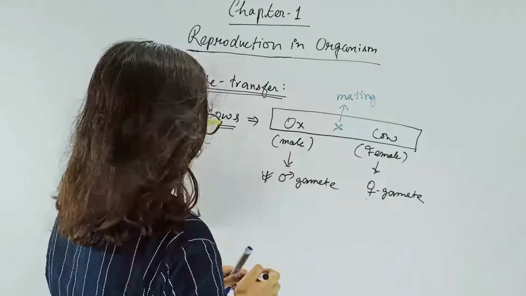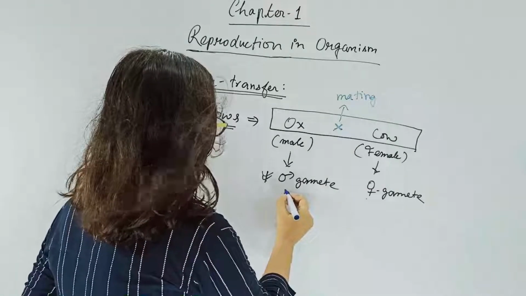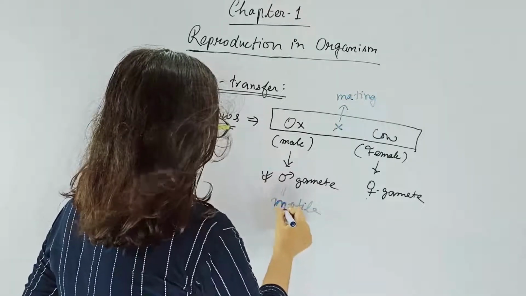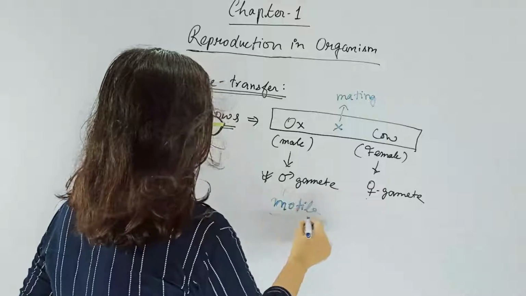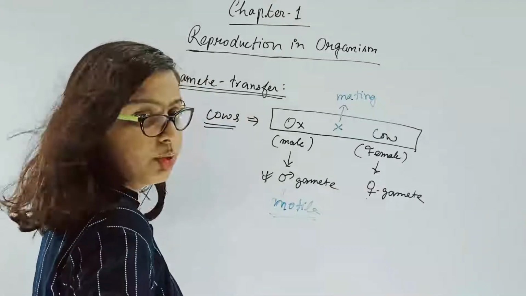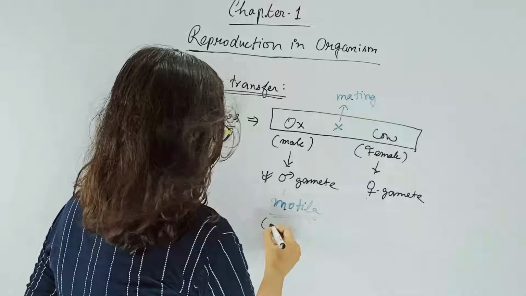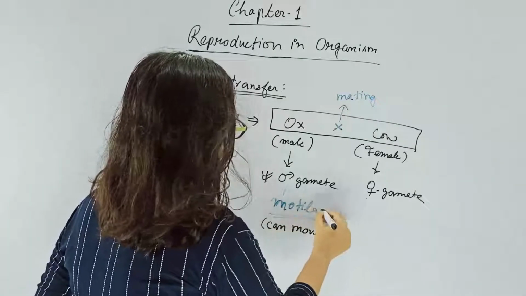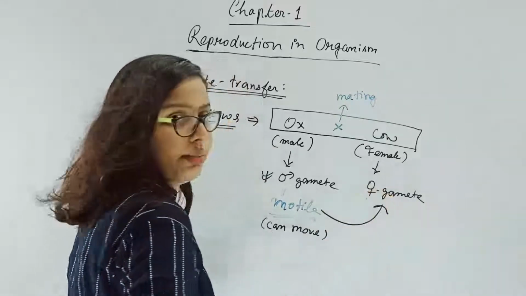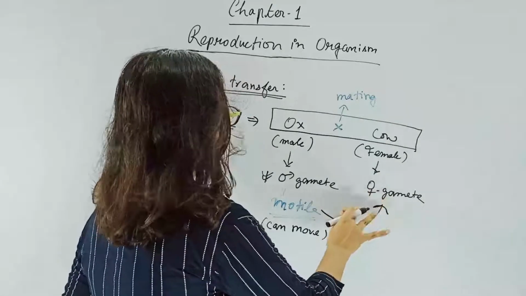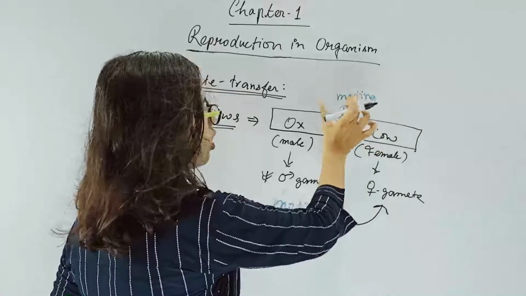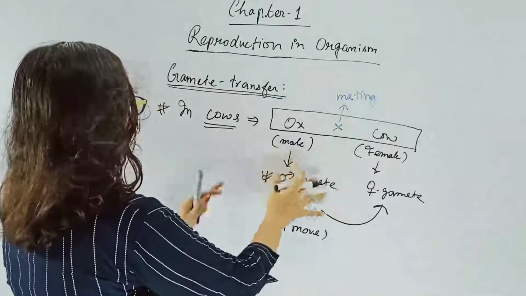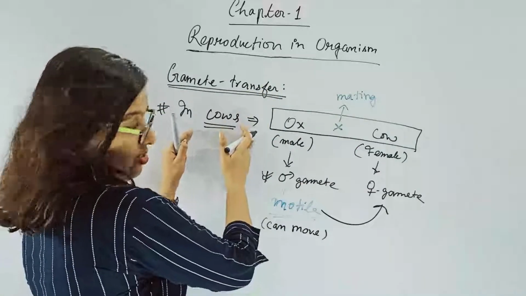So if it is motile, it can go to the female gamete. And how does it go to this? Through a process termed as cross or mating. So this is the type of gamete transfer which happens in case of cows.